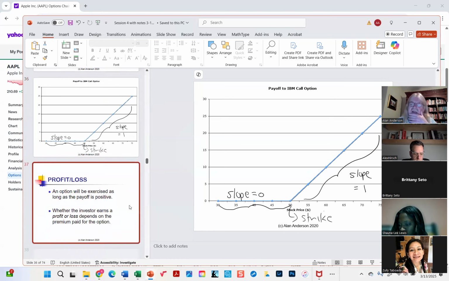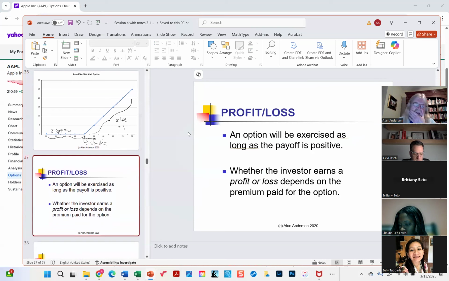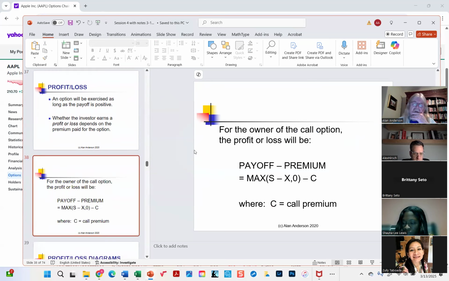But yes, we have to take into account now the $3 that we paid for this. So first things first, the profit or loss, as the case may be, equals the payoff minus the premium. We have to subtract the premium from our payoff to come up with a profit.